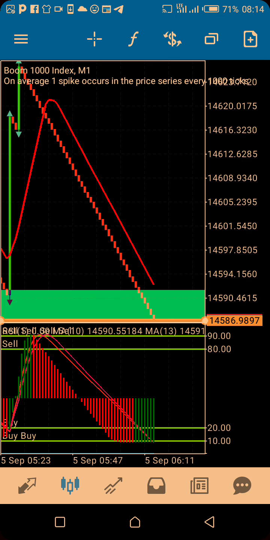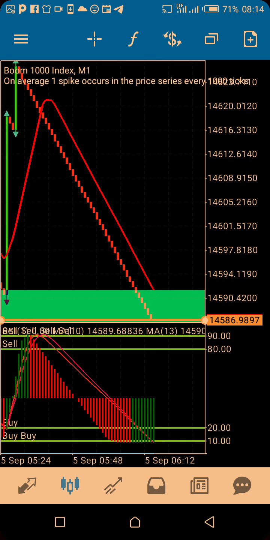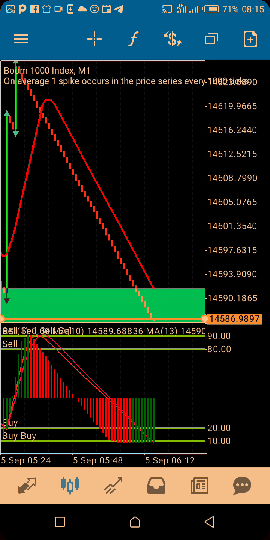That is why on the awesome oscillator here, you can see it has already started showing green color, showing that buyers have started coming in. On the M1, the moving average has passed 20 and has also pointed at 10, showing you that it has reached the support level.